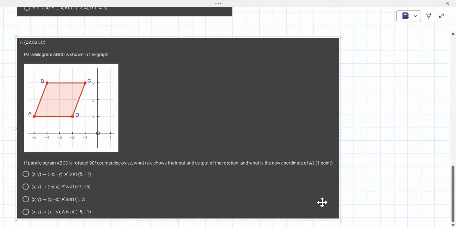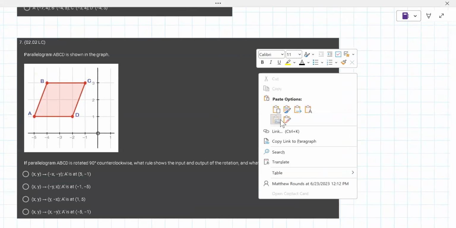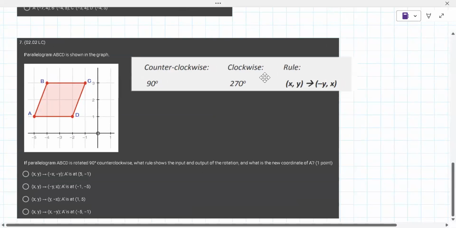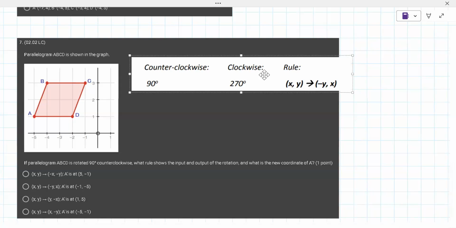All right, so it says it's rotated 90 degrees counterclockwise. So that same transformation rule is right here. See if you can use that. It's just interested in point A. So point A is -5, -1.